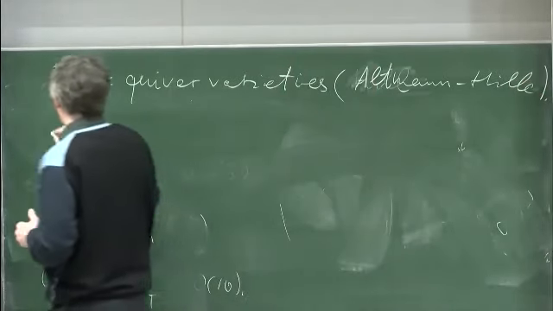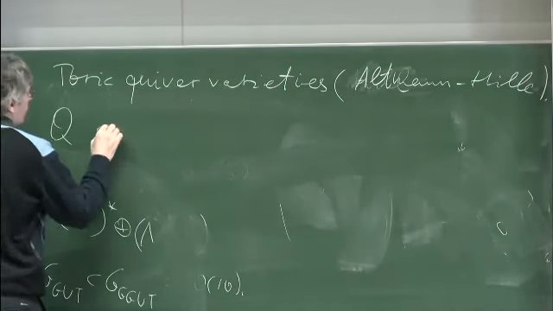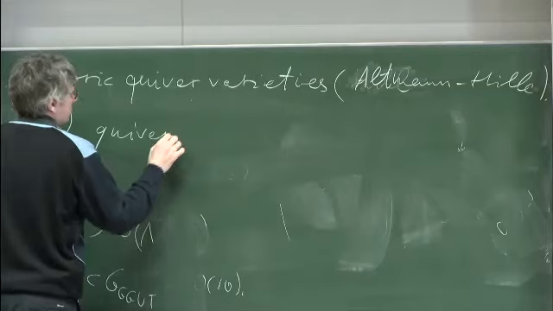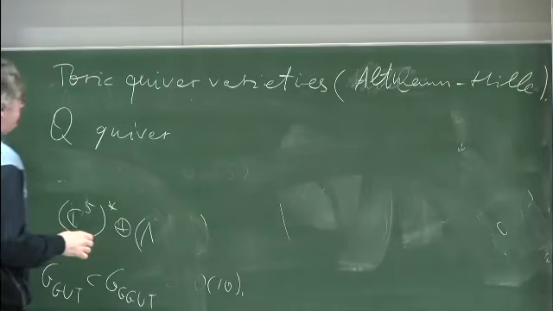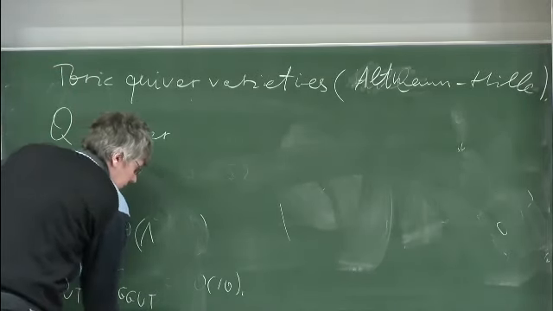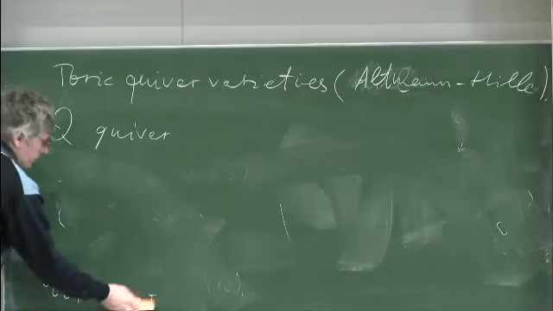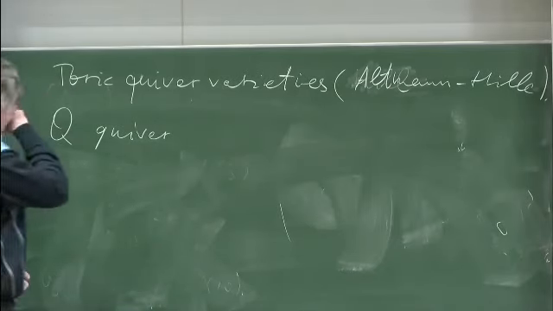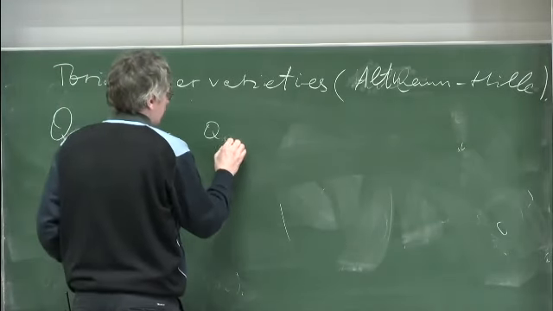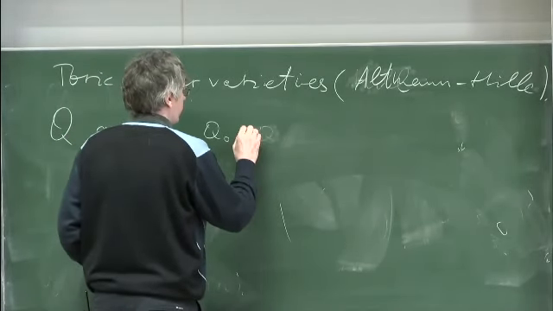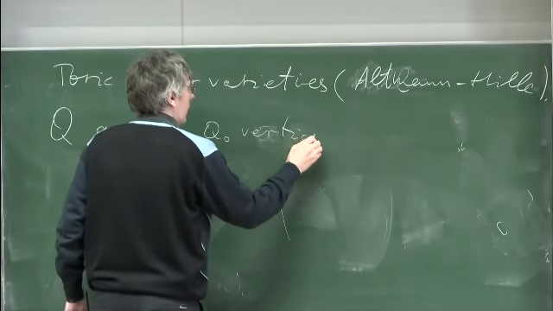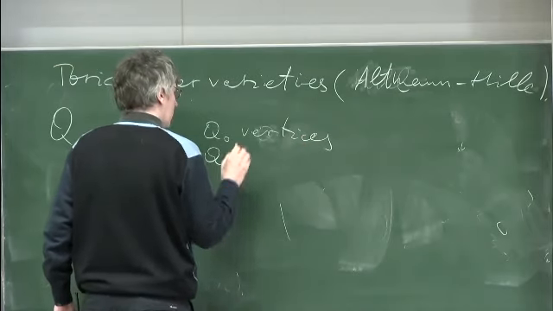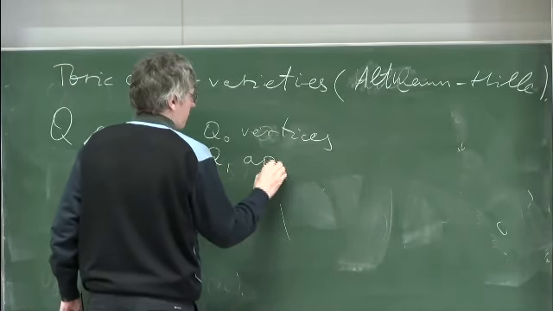So we have some quiver Q. For simplicity, I assume that it has no oriented cycles and no relations, in fact. That's a nice thing: we will use quivers with no relations here to describe this toric degeneration. So Q is a quiver, and so it has Q0 vertices and Q1 arrows.